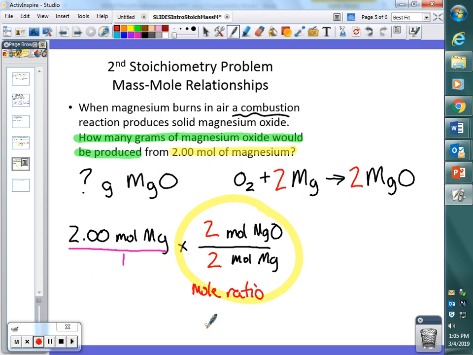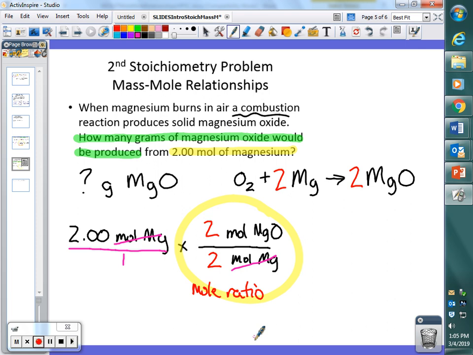So now we do a little bit of math. Moles of magnesium is on the top of the fraction here. Moles of magnesium is on the bottom of the fraction there. They cancel. But now, what unit do we have left? We have moles of magnesium oxide.